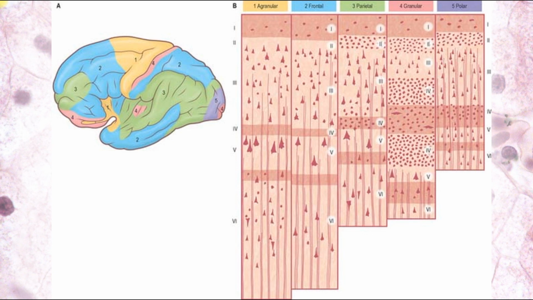Those are regions of cerebral cortex which provide control of movement of our body. And also we have intermediate types of cerebral cortex which provide other functions, and they have different thickness of layers of cerebral cortex. But the two opposite types are granular, which is sensory, and agranular, which is motor type of cerebral cortex.